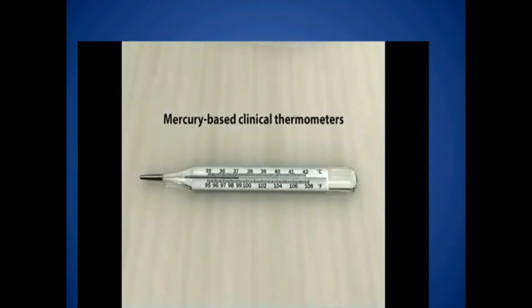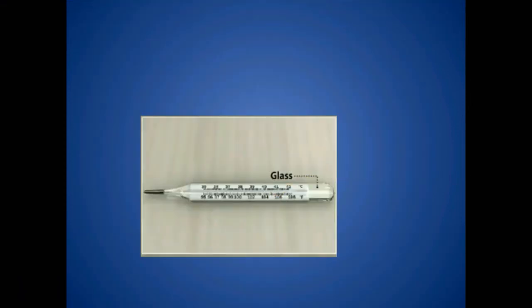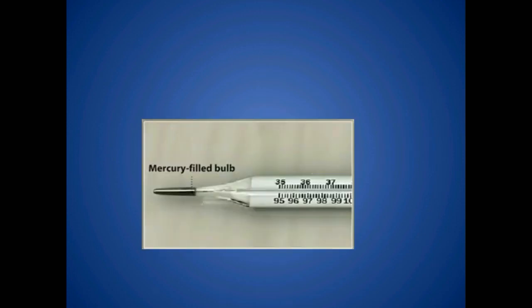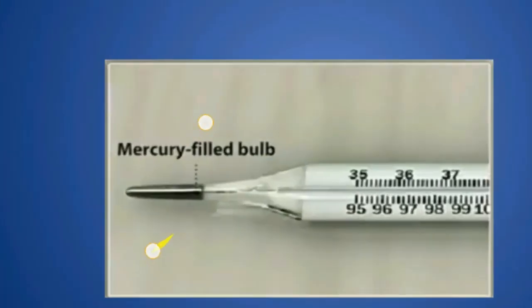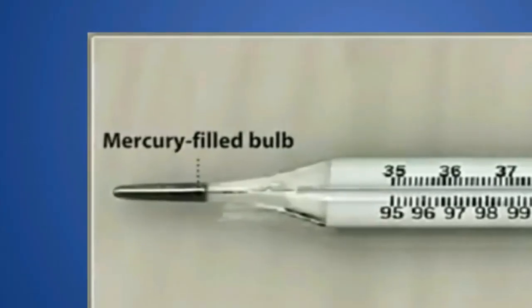See how a thermometer can measure the temperature of your body. A clinical thermometer is usually made up of glass and consists of a mercury filled bulb inside at one of its ends. See over here, at one end of that thermometer there is a mercury filled bulb.